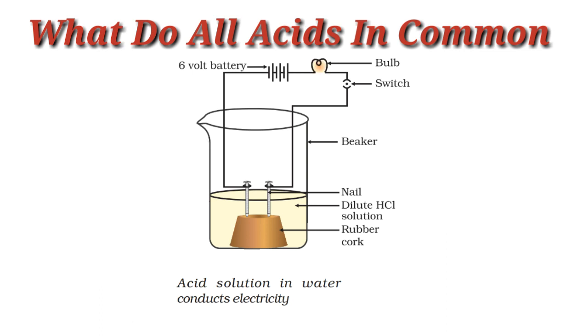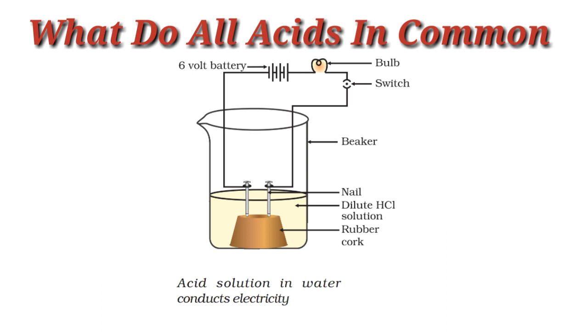Repeat the experiment with sulfuric acid, alcohol and glucose. The bulb will glow when we have taken sulfuric acid and hydrochloric acid, but it will not glow when alcohol and glucose are taken. What do you understand from this?